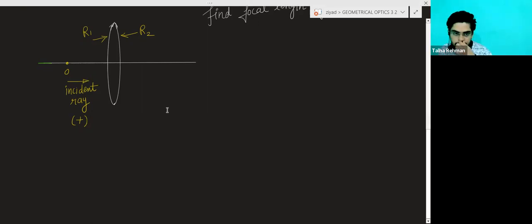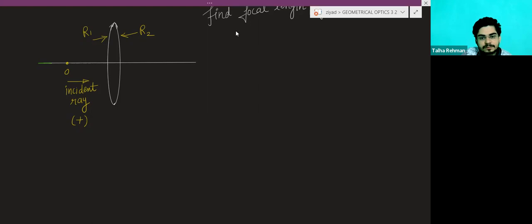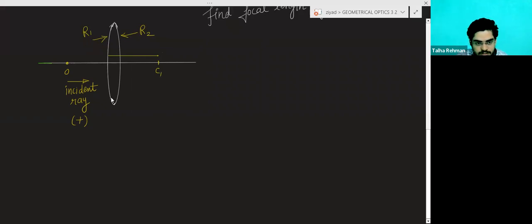Now, what is R1? R1 is for this surface. Here, suppose, is the center of curvature 1, the center of curvature for the first surface, and this distance will be the radius of curvature R1.